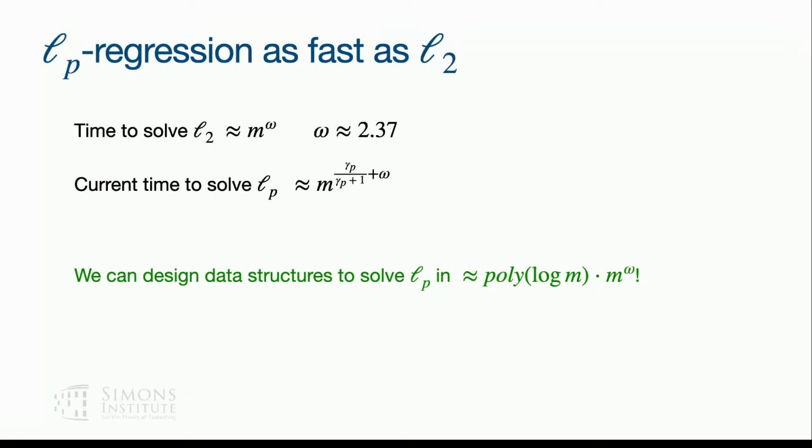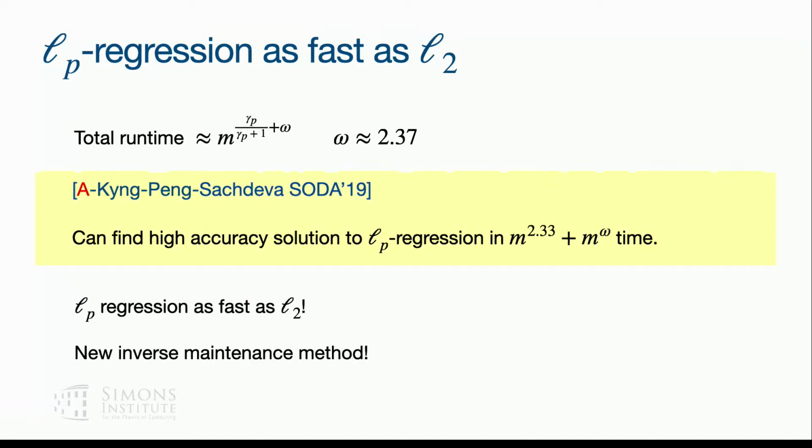And we can design data structures using inverse maintenance that solve this in some polylog m times m to the omega time. All of this is possible because we only need to solve the residual problem to a constant approximation or a log m approximation. And this allows us to find high accuracy LP regression in some m to the 2.33 plus m to the omega time. And for the current matrix multiplication, this is just m to the omega time.